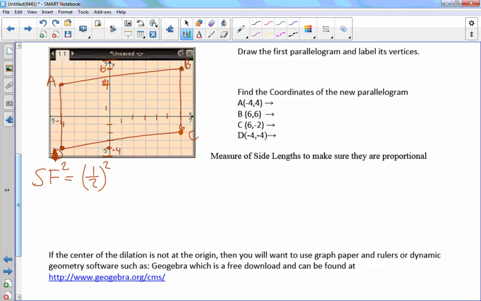What's 1 squared and 2 squared? 1 squared is 1, 2 squared is 4. So the area should be 1/4 the size, not half the size. The area is 1/4 the size. So it should look about 25% of the original.